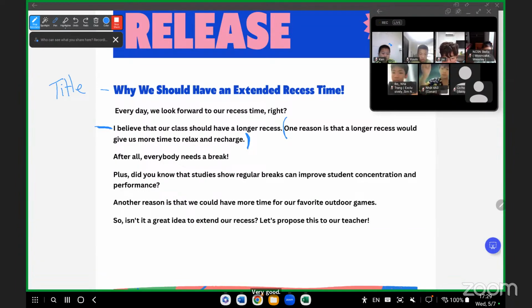I did a little bit of a trick here. This sentence here is not evidence. This is more like a rhetorical device.